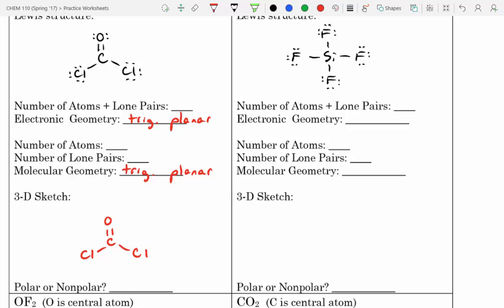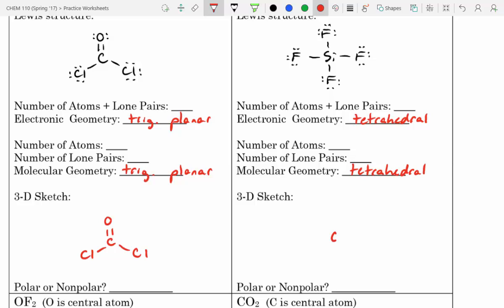All right, silicon tetrafluoride. What would the electronic geometry be? Tetrahedral. We've got 4 bonded atoms and no lone pairs, so it's in that tetrahedral subclass. And then its shape would be tetrahedral, the same.